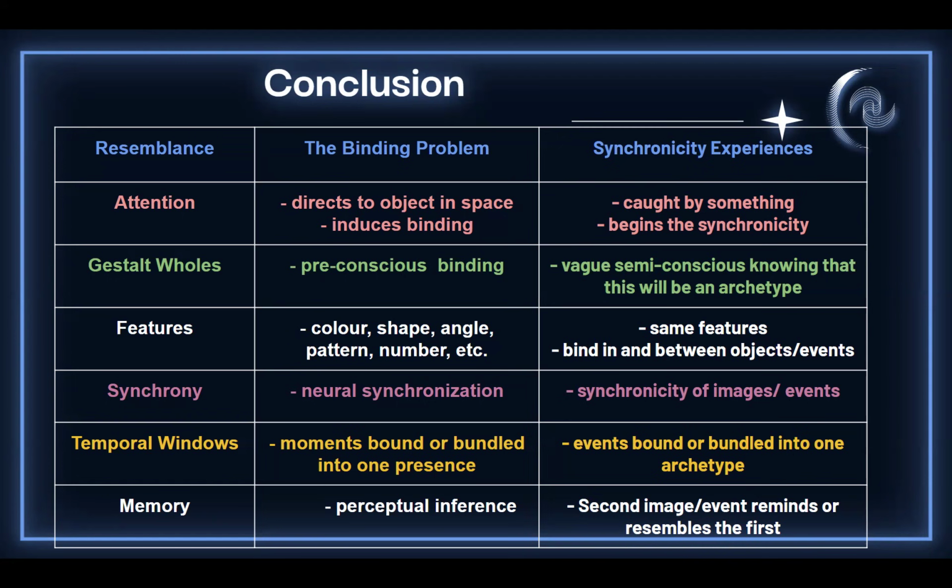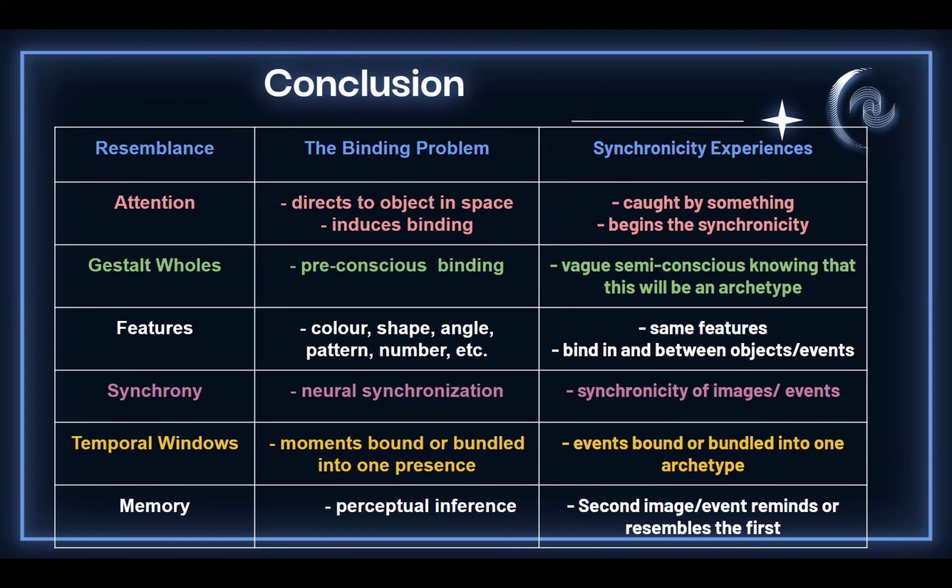But in synchronicity, besides all of these binding into one object, these also repeat between the two objects or events or images. So it takes on an extra dimension here, an extra temporal dimension. And in this way, the object becomes higher dimensional, becomes four-dimensional, or a temporal object, as we would call it.